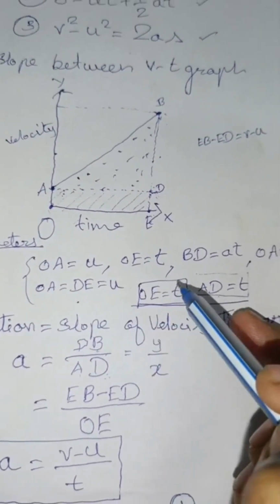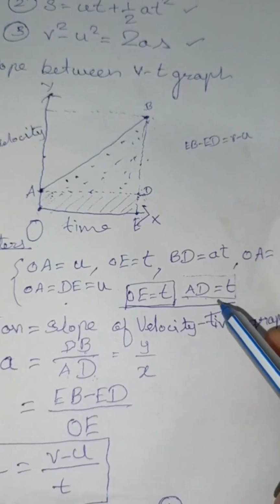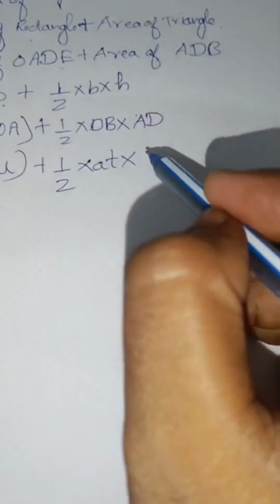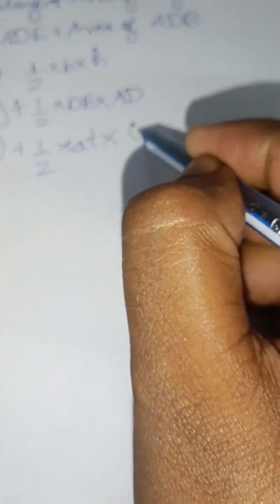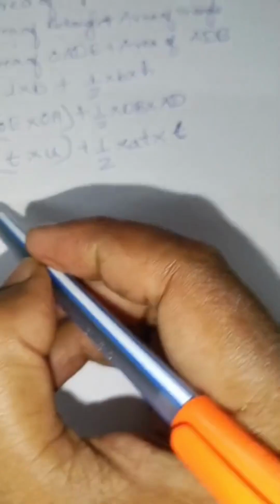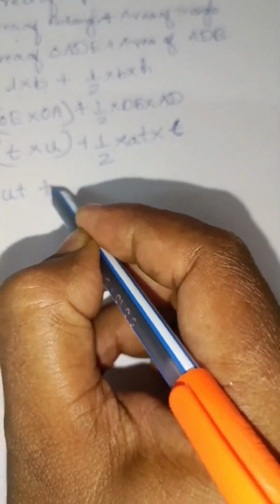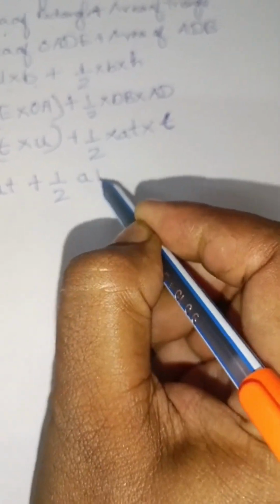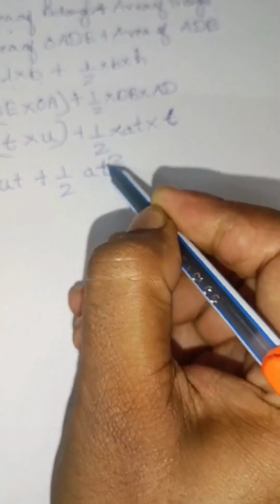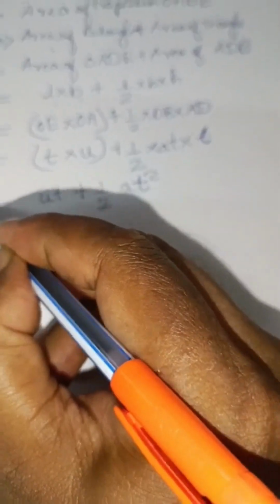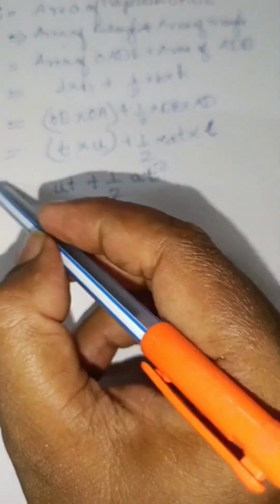AD is nothing but T. AD is written here as T. So next, I can substitute this. Rewrite this equation as UT plus half times A into T square, which is equal to S.